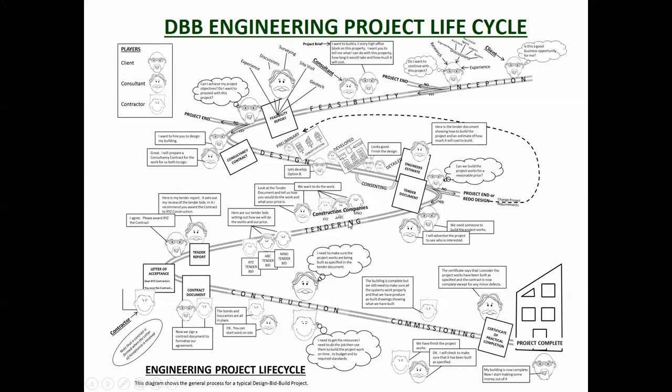It is tendered, usually, goes out to construction companies, they all bid for it. The one that wins the bid gets to construct it, and at the end of the construction they commission it. In other words, they make sure everything works. Then they hand it over to the client, who then takes it from there. At that point in time, the project is complete. So it has a definite beginning, definite end, and a unique product at the end of it.